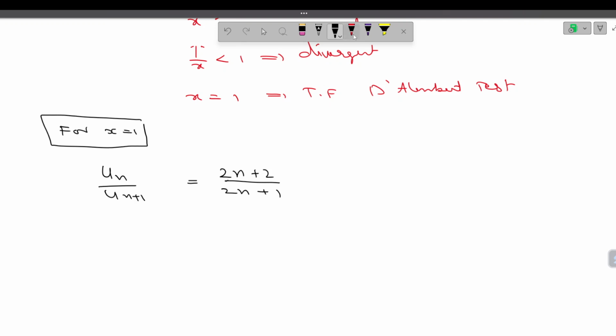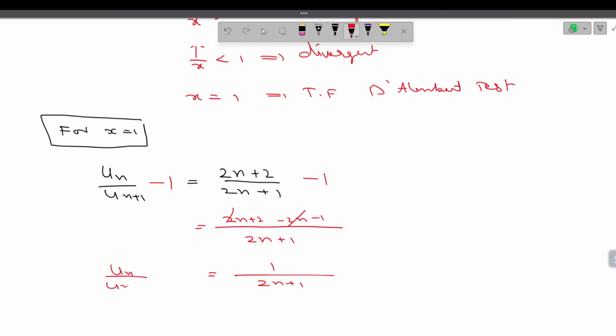You see here, we are applying Raabe test. So minus 1, minus 1. So denominator is 2n plus 1. So 2n plus 2 minus 2n minus 1. 2n, 2n getting cancelled. So 2 minus 1 is 1, over 2n plus 1. So Un by Un plus 1 minus 1.